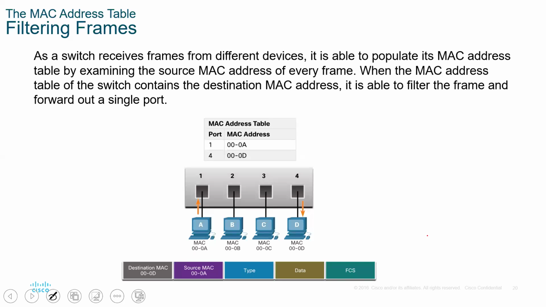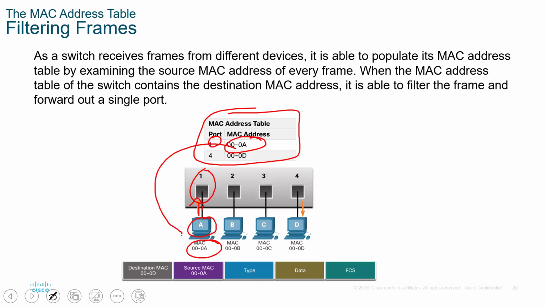So this is what we have been saying, that this switch has a MAC address table. And this guy, PCA, is sending a message. Because it is the source, the switch is going to look at this message going through port 1. So it's going to record port 1, then it will take the MAC address of PCA, which is this one here. Then the message is destined for PC4, which is D. All right.